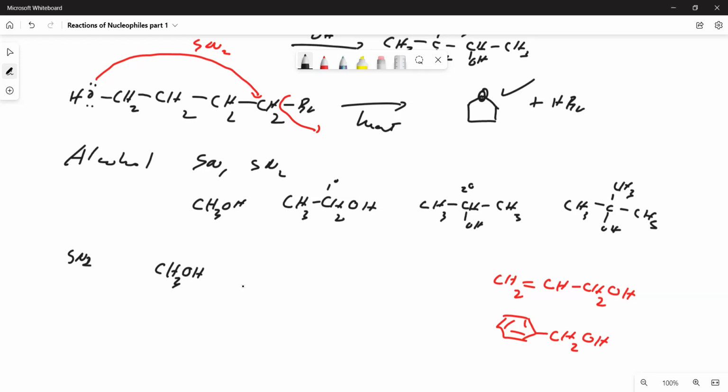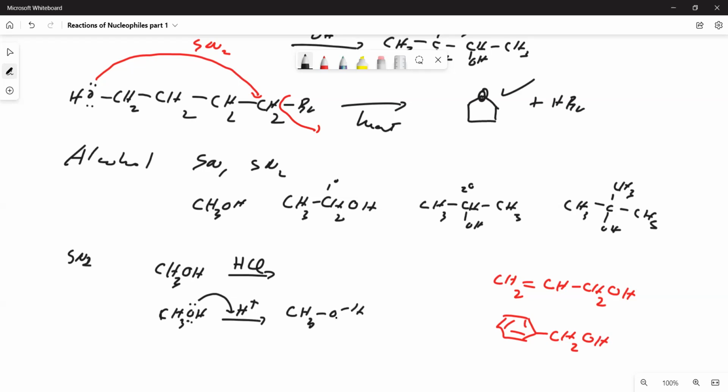And the use of a hydrogen halide is perfect, like hydrochloric acid, because the acid part of hydrochloric acid will act as a catalyst to protonate the OH so that it will become a good leaving group.